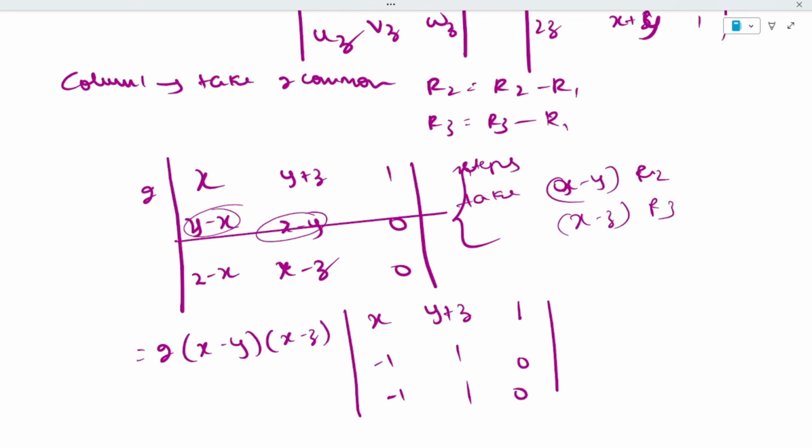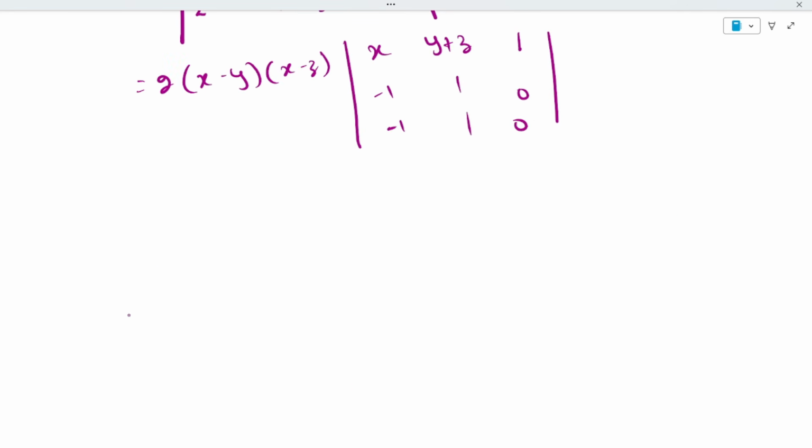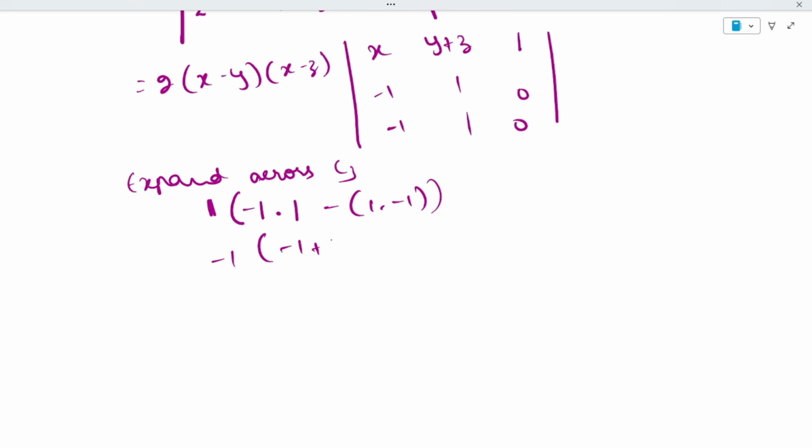Now you have to expand across C3. If you want to expand across C3, that will be 1 into 1 minus 1 into 1 minus 1 into minus 1. It will be minus 1 into minus 1 plus 1. It will be equal to 0. Minus 1 into 0 will be equal to 0.